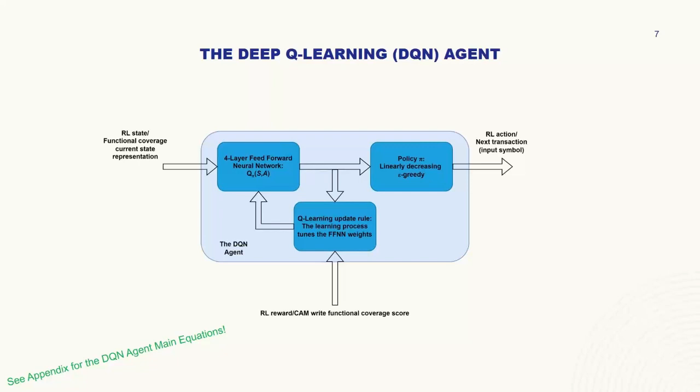The more actions I drive to the DUT, the better the weights are at understanding what is necessary to hit the functional coverage. And once I get to full exploitation, epsilon greedy, hopefully I see that my functional coverage bins are all hit.